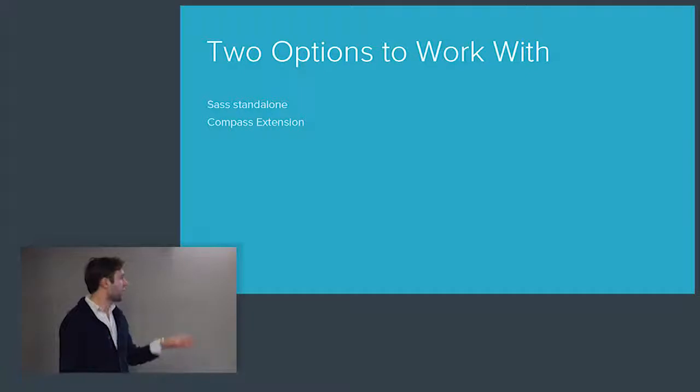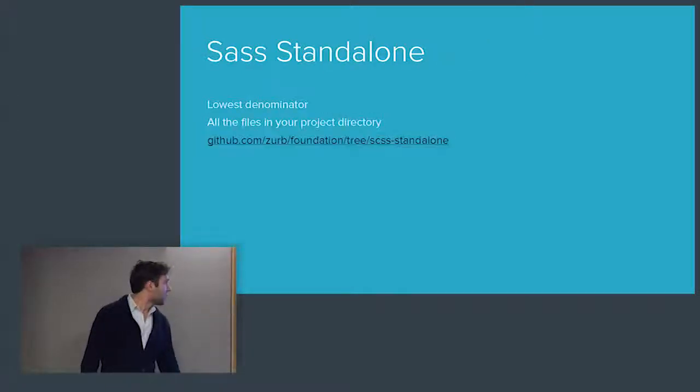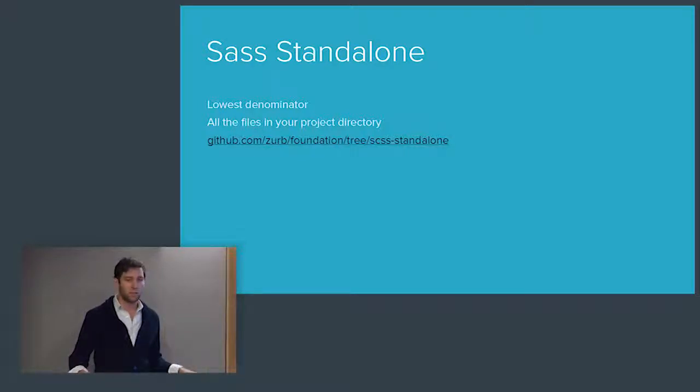So we do offer the Sass Standalone. Sass Standalone, it's the lowest denominator. There's no dependencies. So you can use it right out of the box. It gives you all the core Foundation files in your project directory, so you can look at them and you can edit them. You shouldn't edit them.